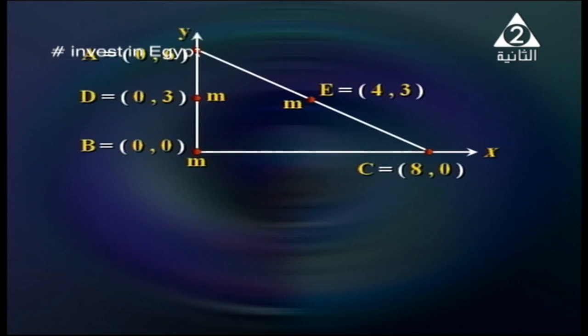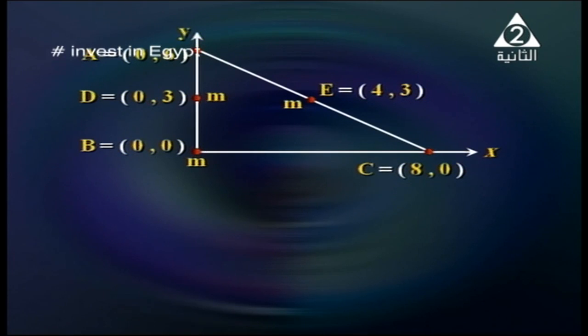Look at, my dear student, B at the origin point (0, 0), point C (8, 0), point A (0, 6), point D (0, 3), and point E (4, 3).